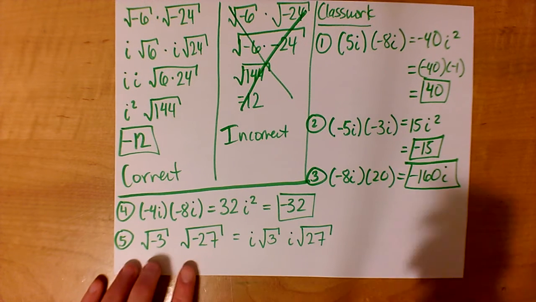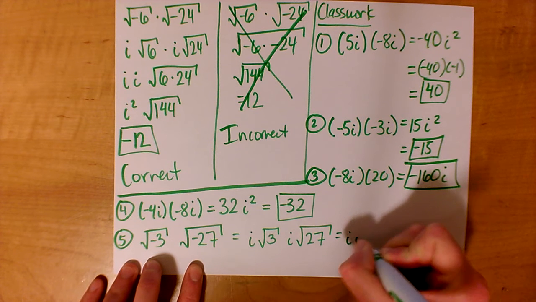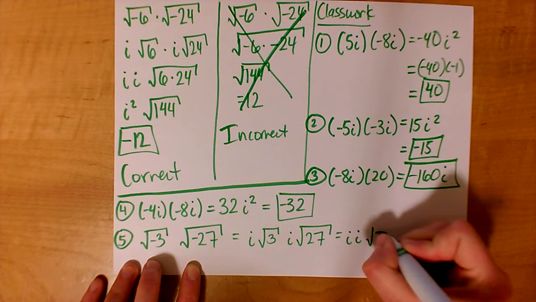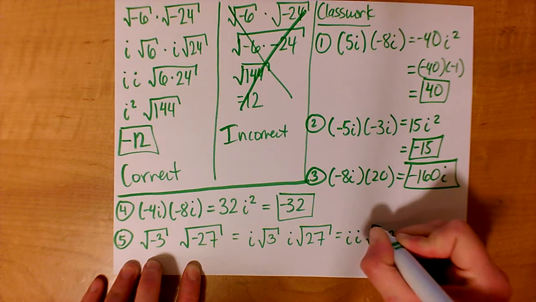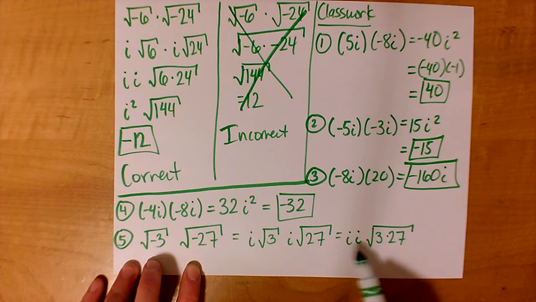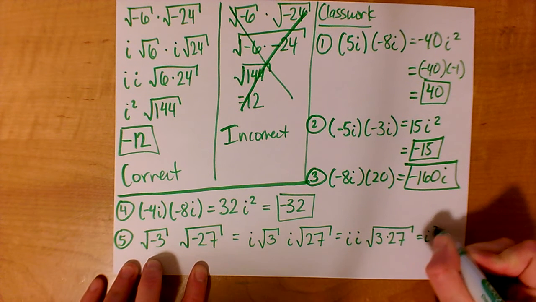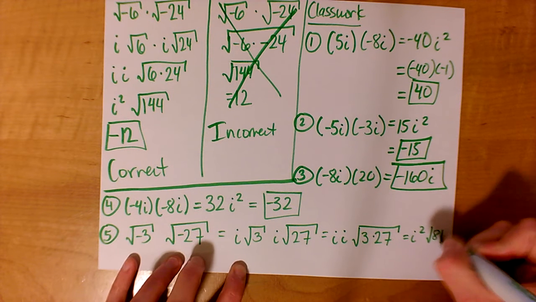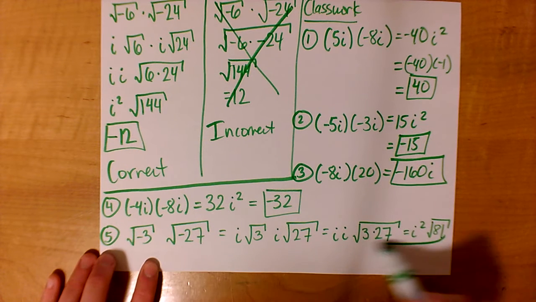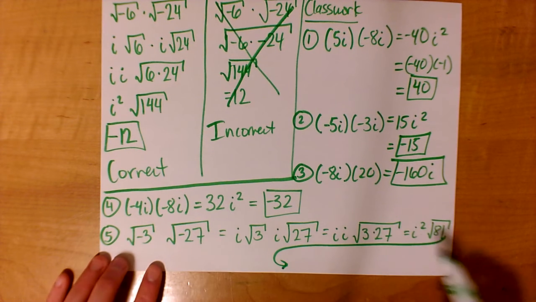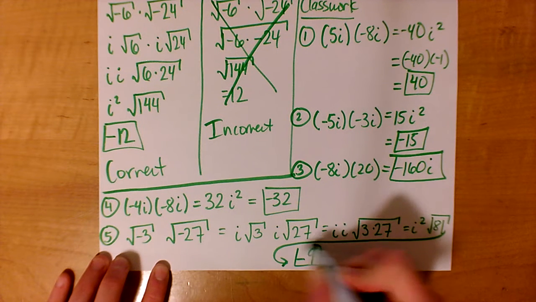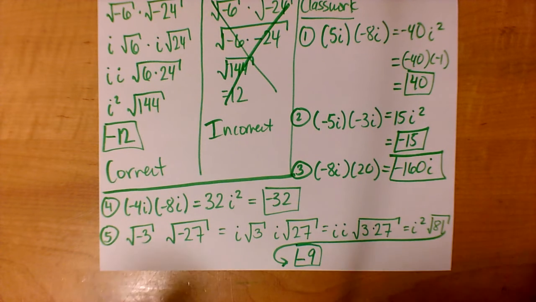So then we can group like things together, and so we would have 2 i's out in front, and then we can take our 3 and our 27 and multiply them underneath one radical. Okay, so I times I is I squared, and then 3 times 27 is 81. So I squared is the same thing as a negative, and then the square root of 81 is just 9.